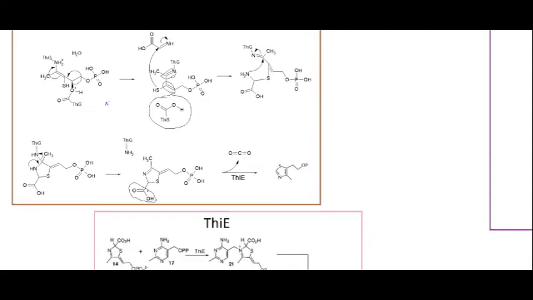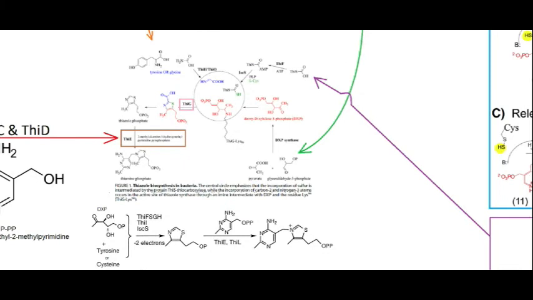And then I show here in the next step, the THIE, we will decarboxylate this to form our thiazole right there. And so, yeah, we will look at that in the next step. So we've formed this that has the carboxyl group on it now with THIE.